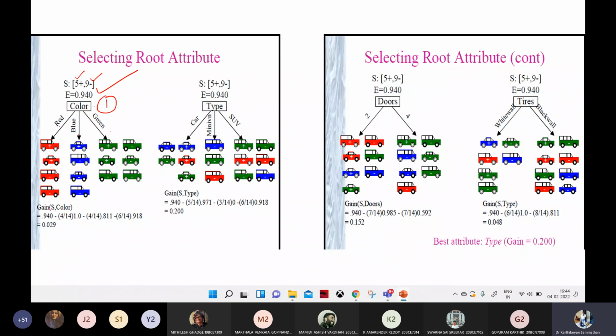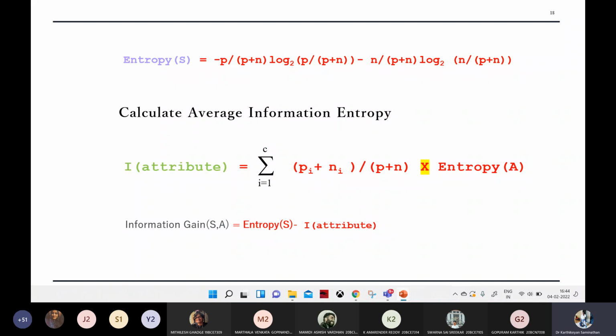Now you can go ahead with the information gain, gain of S comma color. The entropy value of the root is 0.940 minus I of the attribute. The formula is entropy minus I of the attribute. So I of the attribute is the sum of P plus N divided by the total P plus N, into the entropy value.